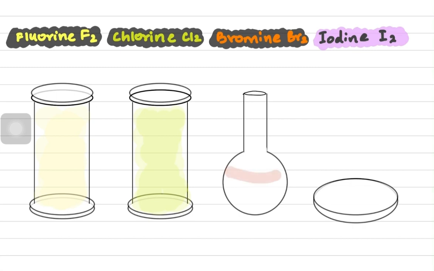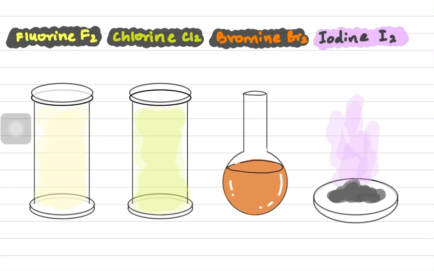Bromine is a red-brown, orange-brown liquid, which means again the particles are not regularly arranged, but there are clusters of molecules. Last is iodine. You can see a gray-black solid with violet vapors. The vapors are violet in color, and it's appropriate to call it violet, but you will see purple color also here.